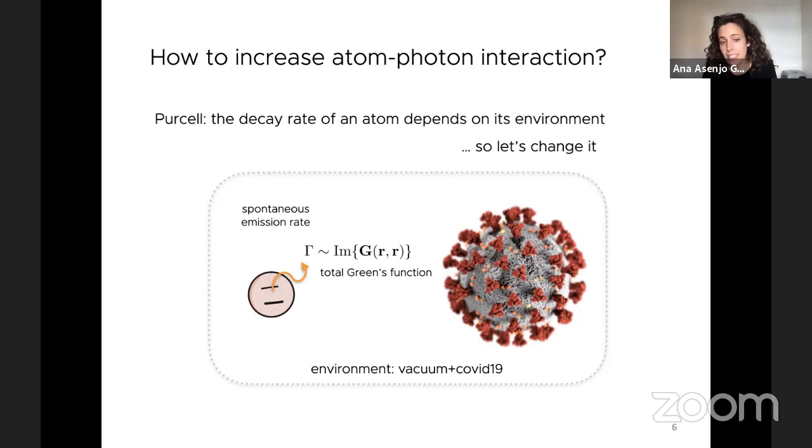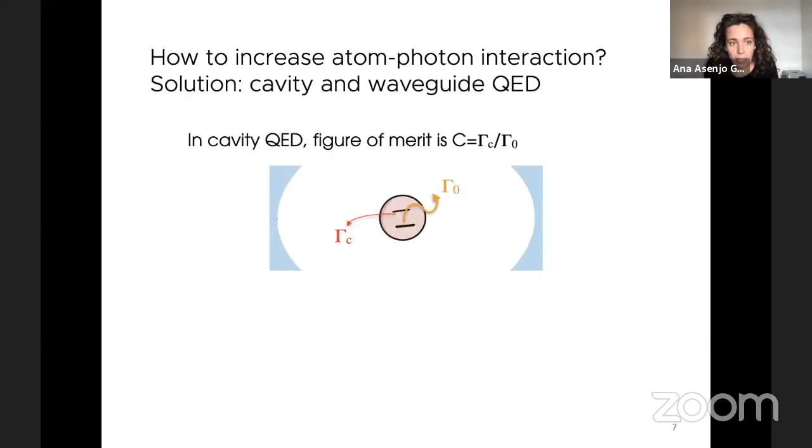While I think this is a potentially doable experiment, I would expect that the lifetime doesn't change very much, because I guess a virus doesn't have a very large refractive index. Being realistic, the actual solution is to place an atom close to a dielectric structure, such as a cavity or a waveguide, and thus the development of the fields of cavity and waveguide QED.